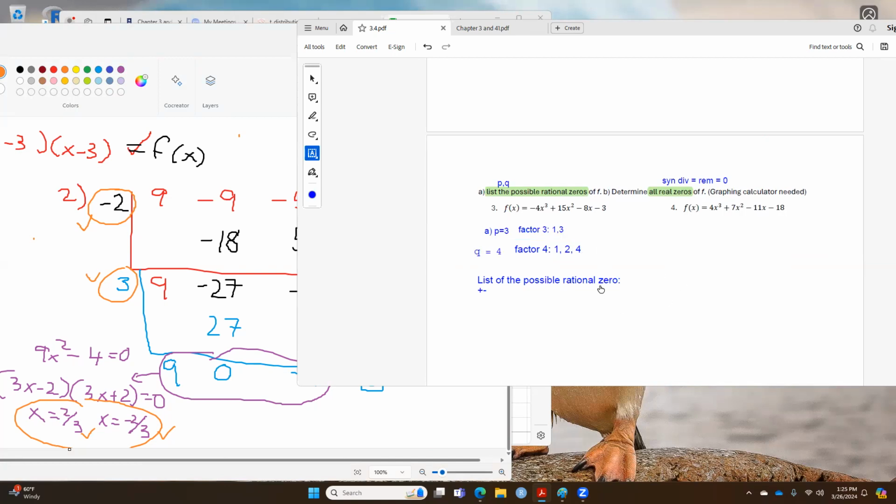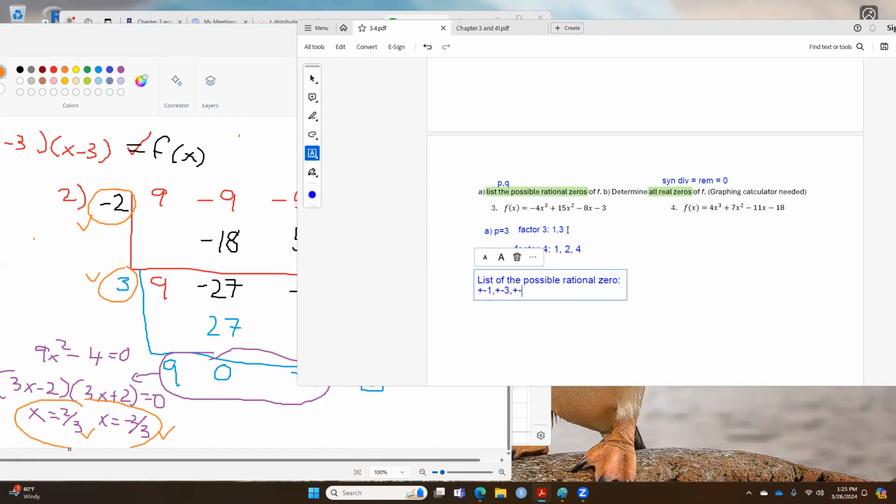Okay. Now what we do, in order for us to list all the possible rational zeros, is take P divided by Q, and put a plus minus sign here. So you take the factors 1 and 3, divided by 1. So you get 1 and 3. Don't forget the plus minus. And then what's next?